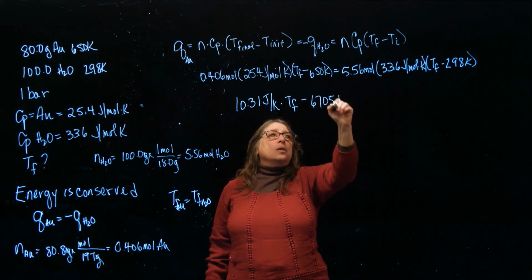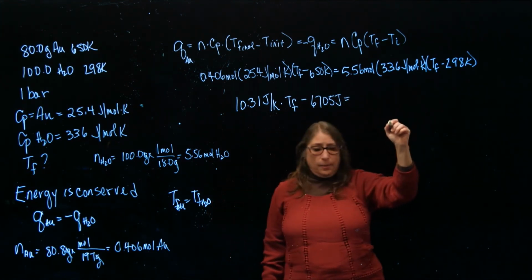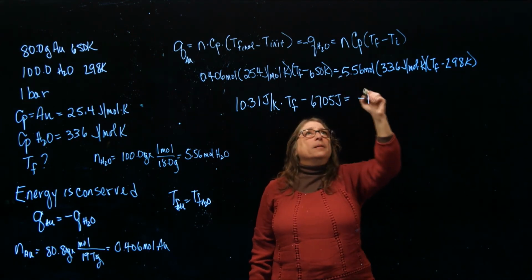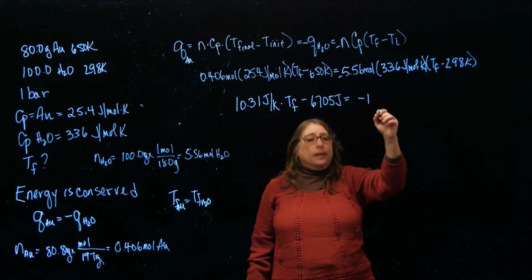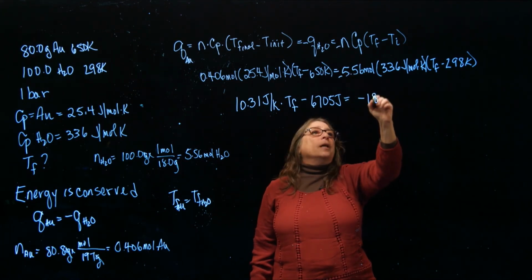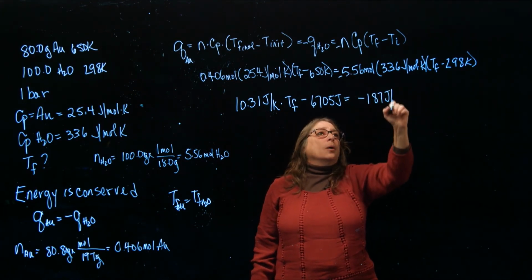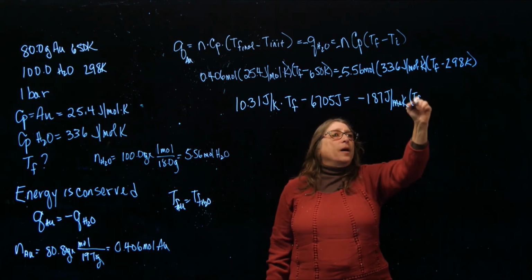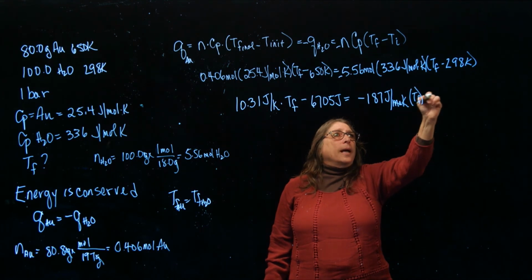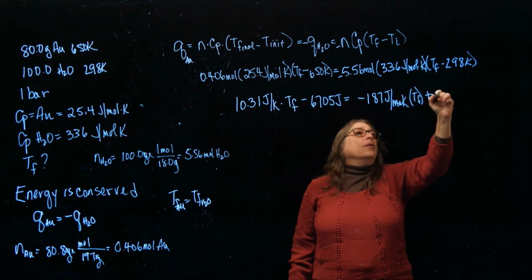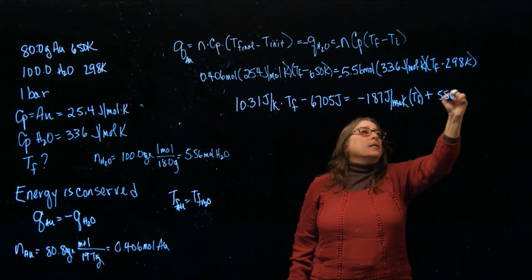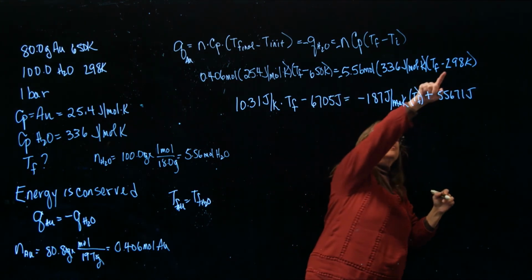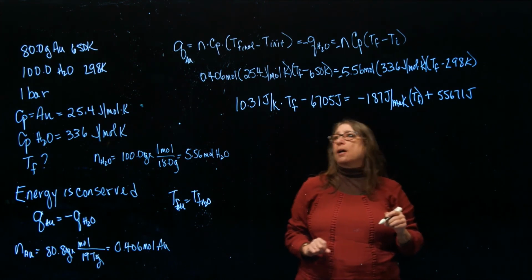6,607.05 joules, and that's going to be equal to negative, I forgot my minus sign here, negative 187 joules per Kelvin times the final temperature, and I'm going to add 55,671 joules because I have a negative sign out here multiplied by that negative sign.